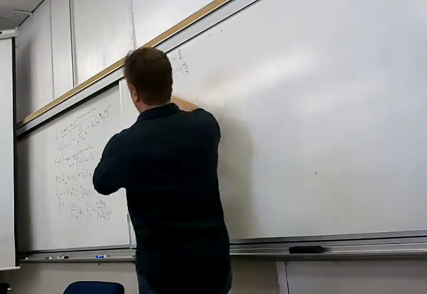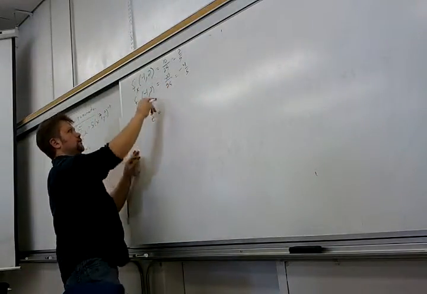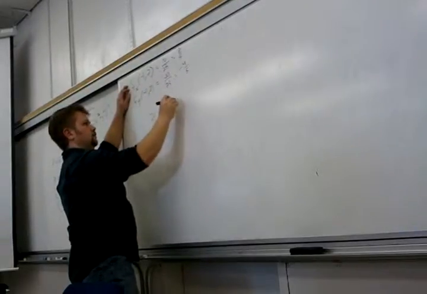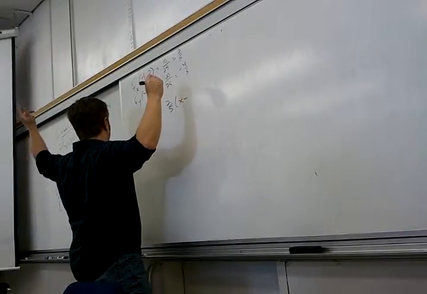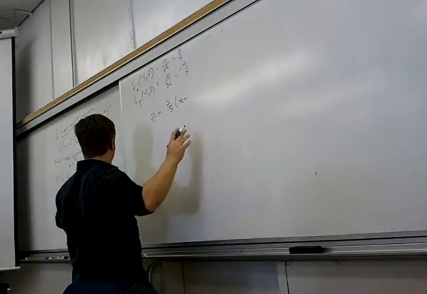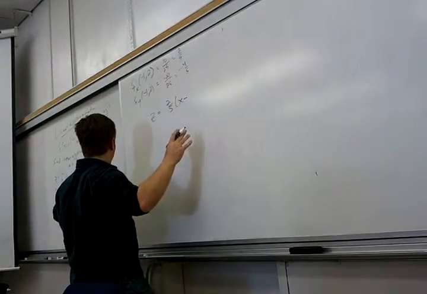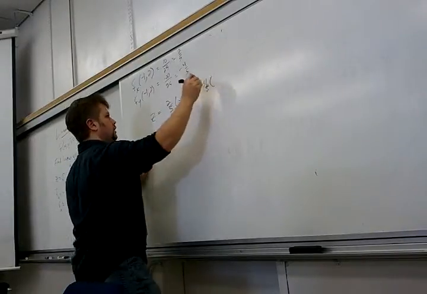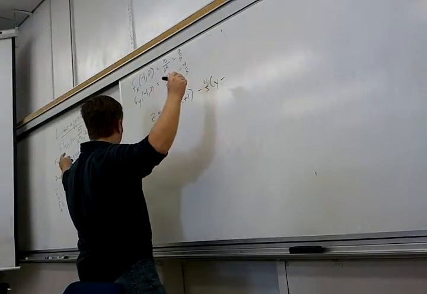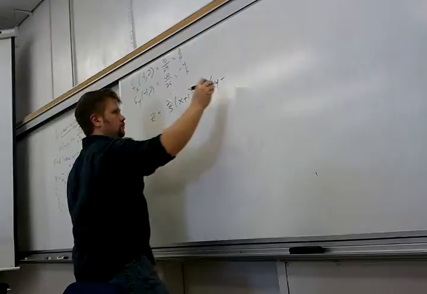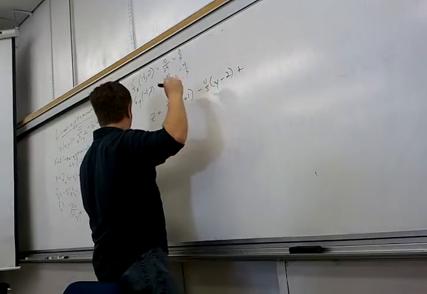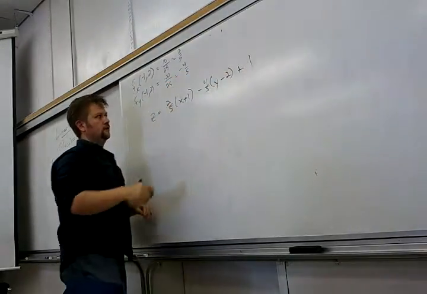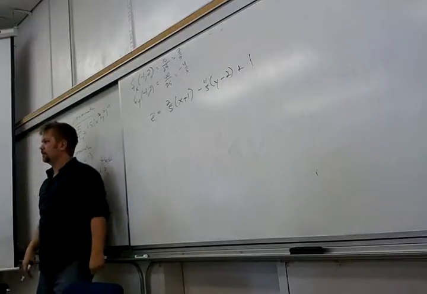So just putting it all together, I get z equals 2/5 times (x minus -1), so plus 1, minus 4/5 times (y minus 2), plus 1. And then you can get that to be better.